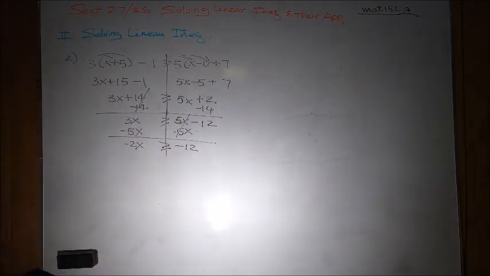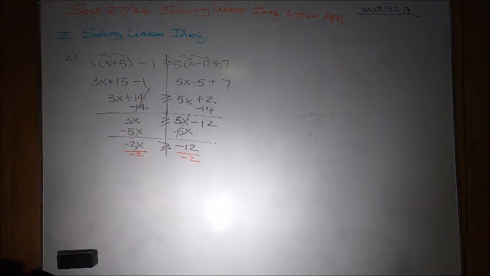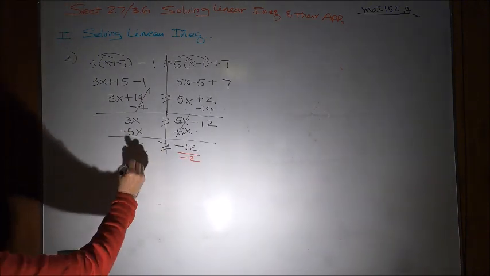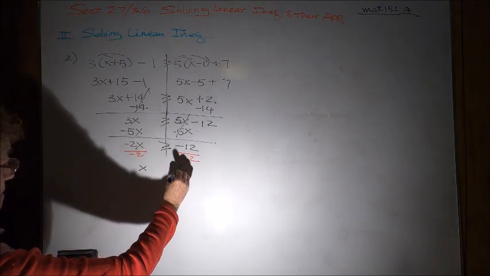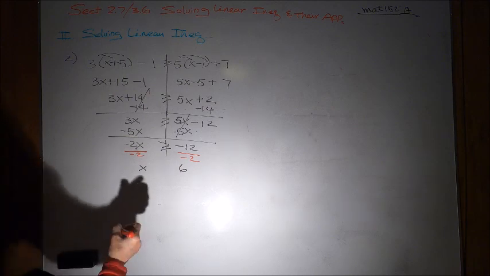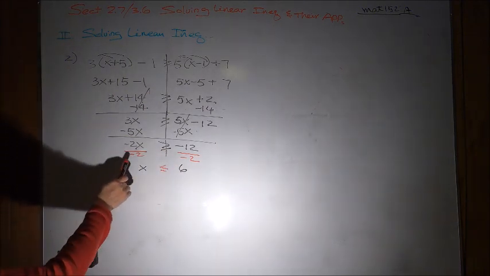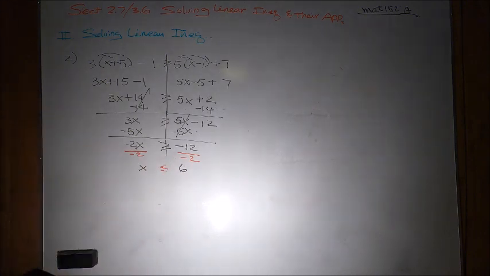Not yet. Right? Then next step, you need to divide it by negative 2. And we have x here. Here will be 6. Should we change the direction of the sign now? Yes, because we divided them by a negative number, right?